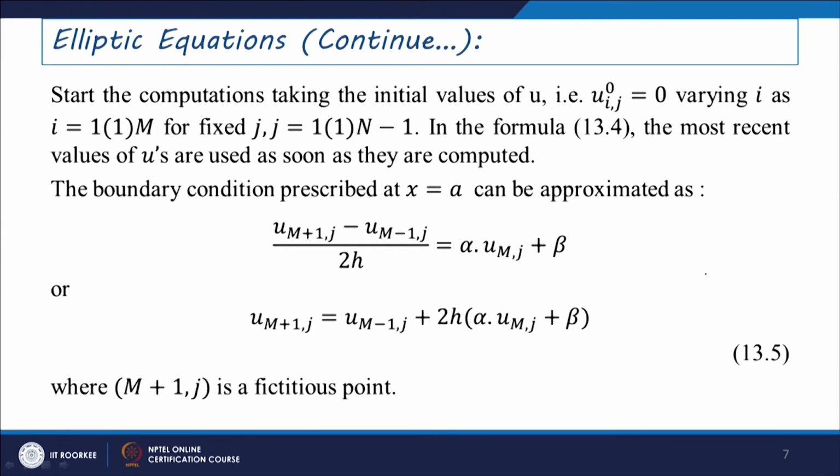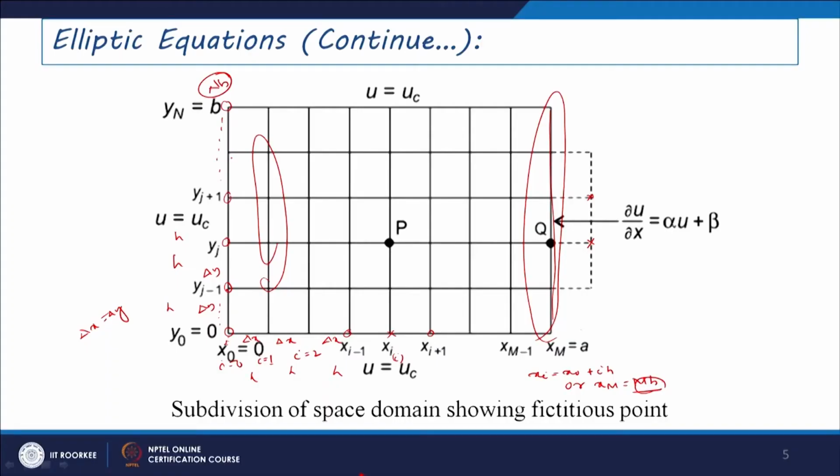So if you go for further computations, taking the initial values of u in the form u_ij at 0 equals 0, varying i from 1 to m for a fixed j, and j equals 1 to n minus 1. For each fixed j we keep it, and move j step by step. Whenever we go for the calculation, for j equals 0 all the values of i are known to us.